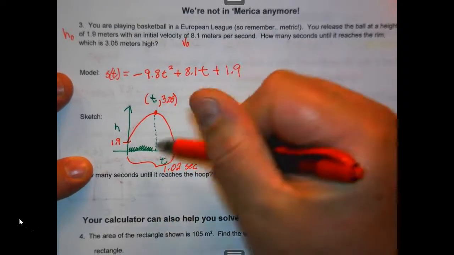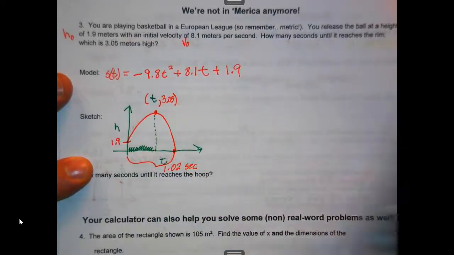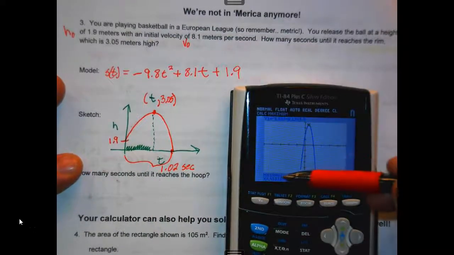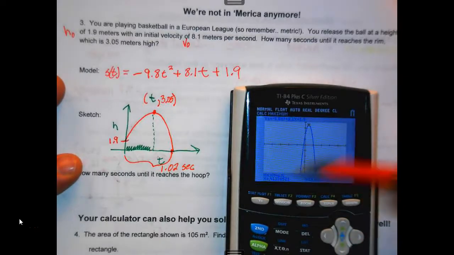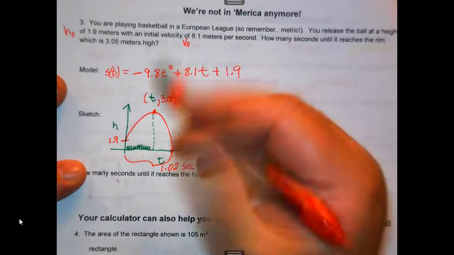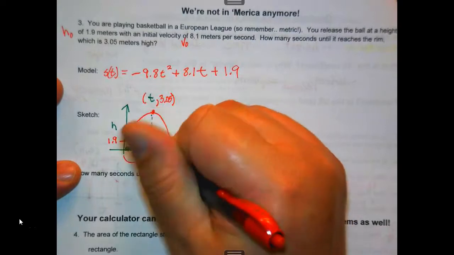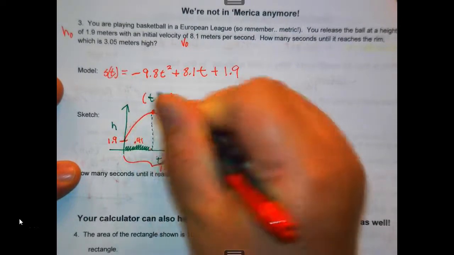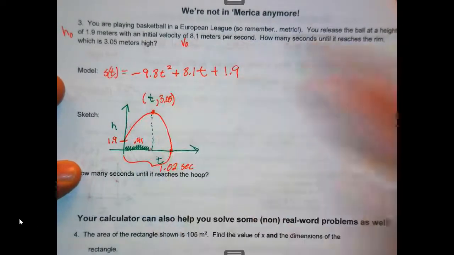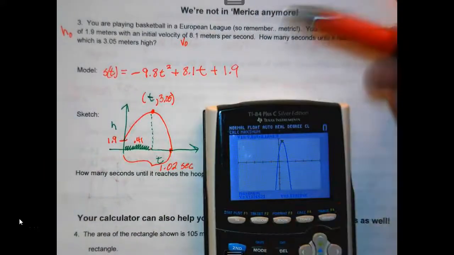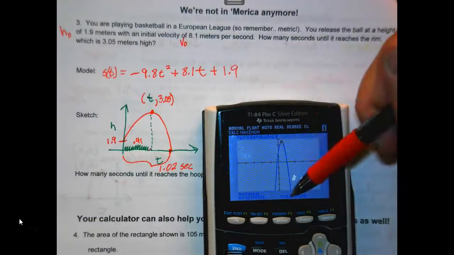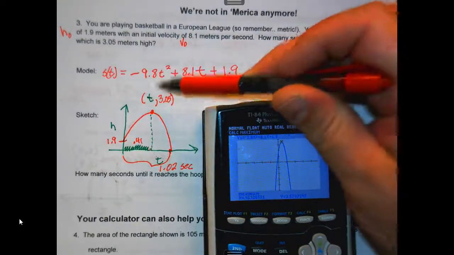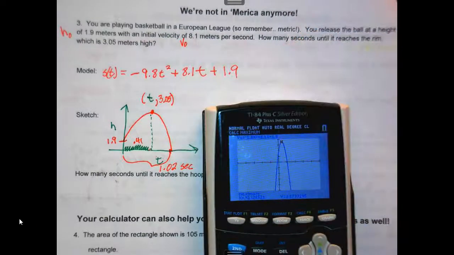But to hit this point, I'm getting 0.413, 0.41, a half a second. I'm finding the vertex, but it just isn't working out because it's saying that my Y value is 3.5. This says it's 3.05. I'm not sure what's going on. I got a feeling they may have screwed that up.